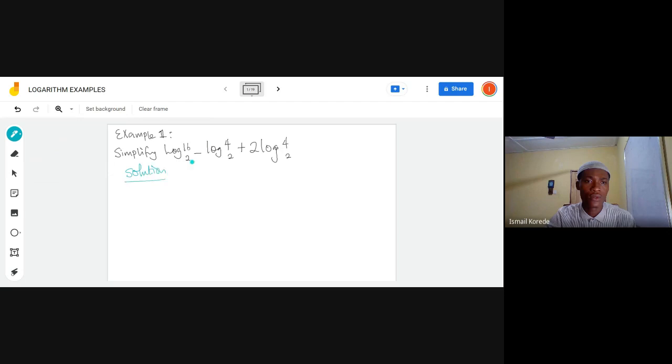You agree with me that they are all in the same base, base 2. The first thing I want to do is return these back to this number. From our laws of logarithm, when we have the log of 4 to base 2, I can say I have the log of 2 raised to power 2 base 2.